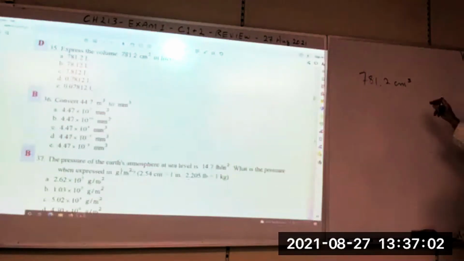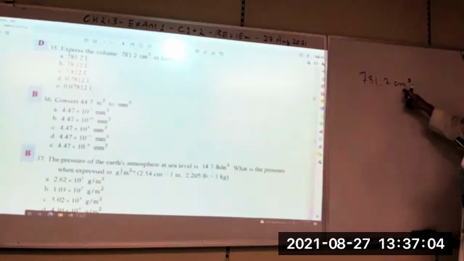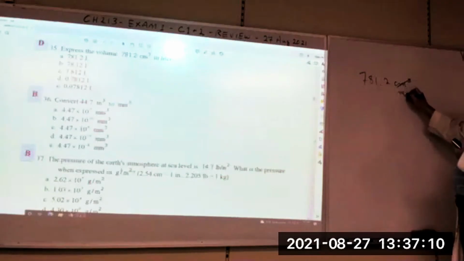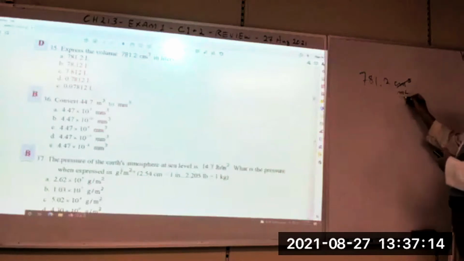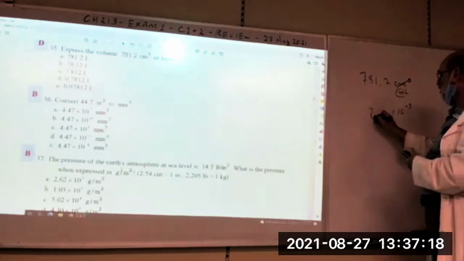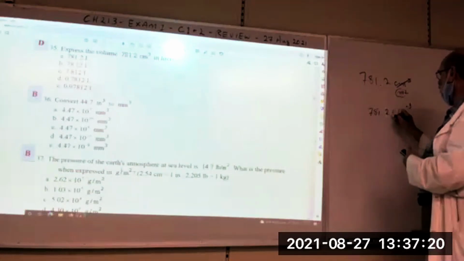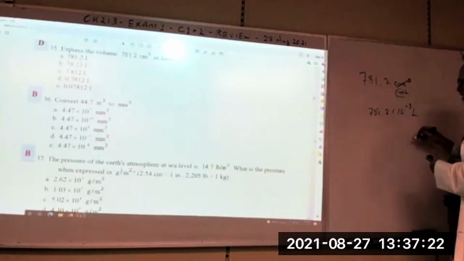But the key to this one is a cubic centimeter is a milliliter. So you just change it to milliliters. Now you can change it to liters. So milli is 10 to the minus 3. You know, 781.2 times 10 to the minus 3 liters.